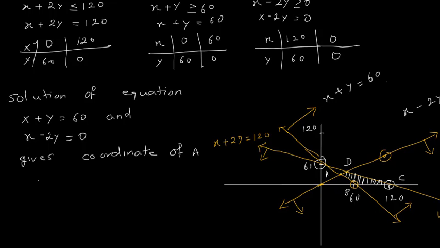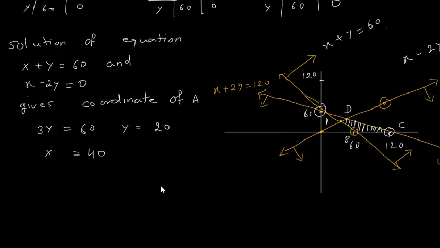So I have 3y is equals to 60, y equal to 20. So y is 20. Now y is 20, so x is equals to 40. So the coordinate of point A is 40, 20. So therefore A is 40, 20.